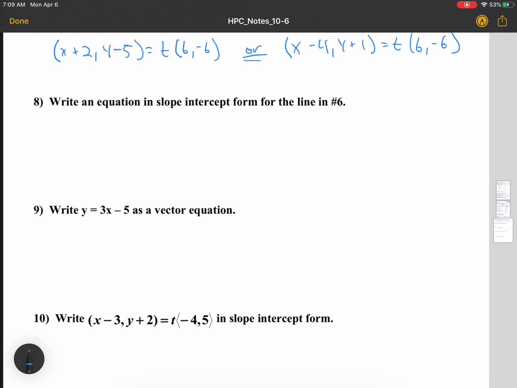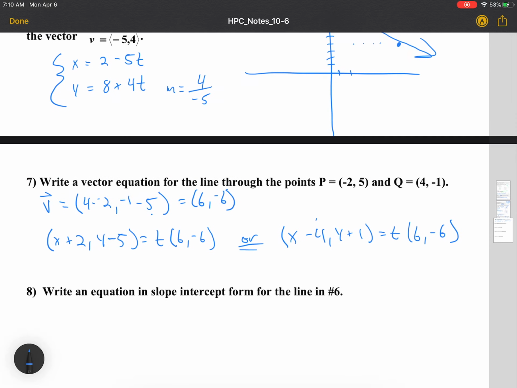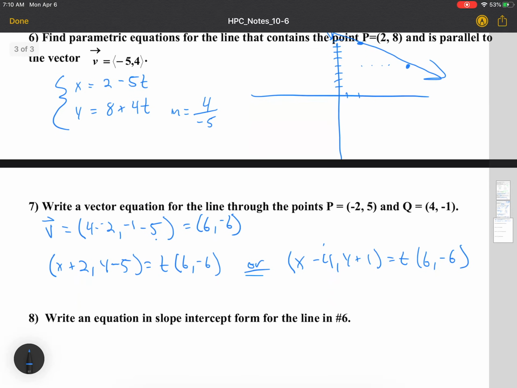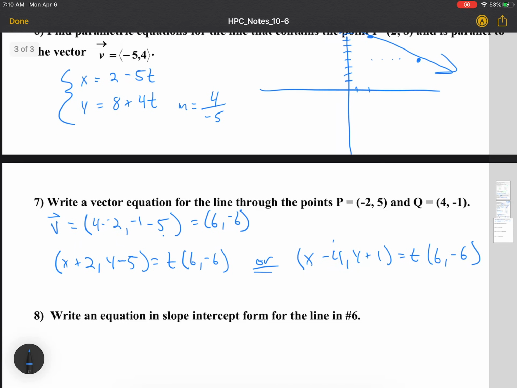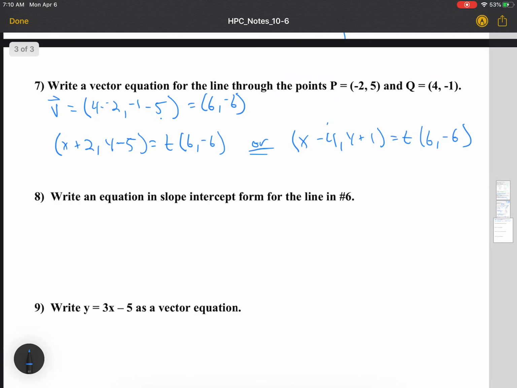Going on down to 8, they're asking us to write an equation in slope-intercept form for the line in number 6. The line in number 6 gives us the vector -5, 4 and the point 2, 8.